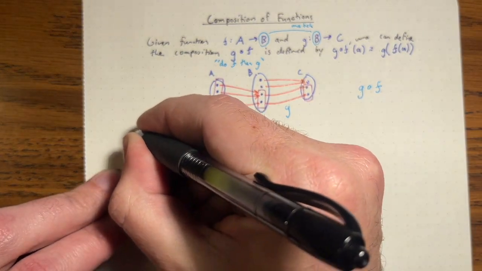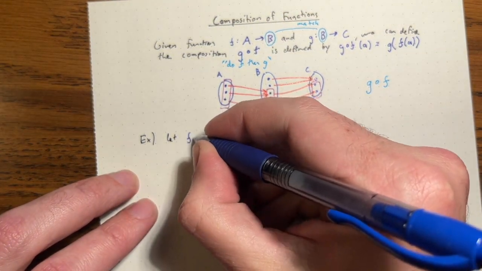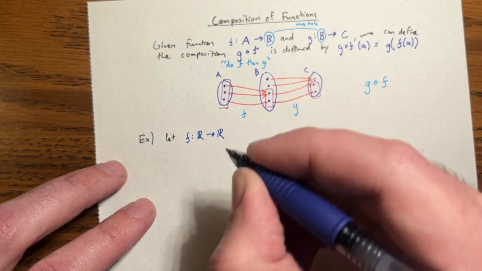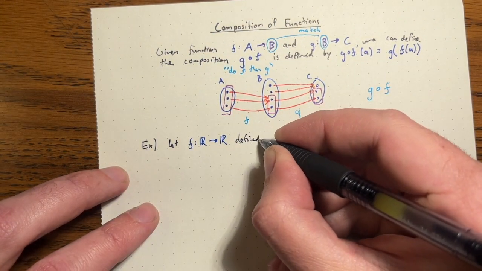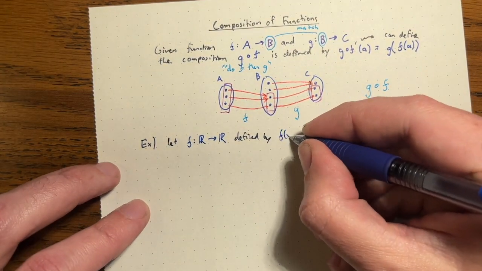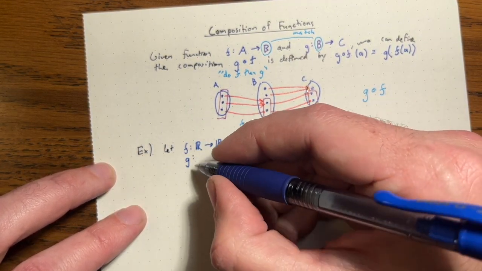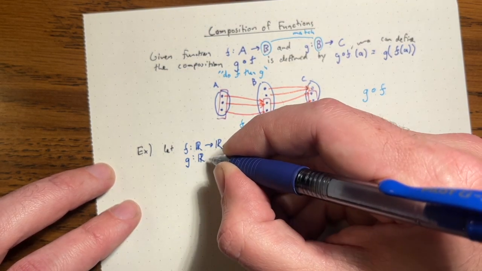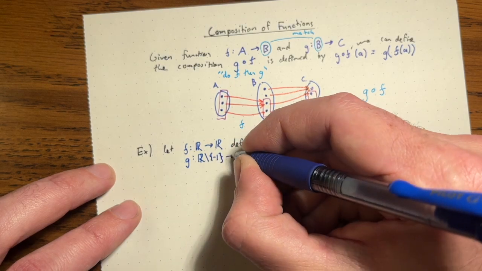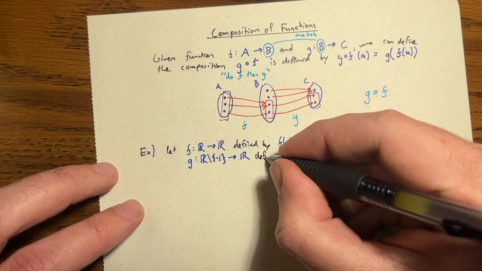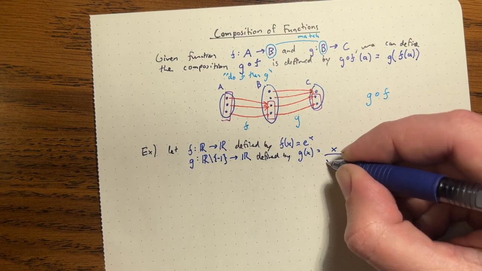Okay. Let's do an example of the formula. Let f be a function from R to R, defined by f(x) = e^x. And g will be a function from R without -1 to R, defined by g(x) = x over x plus 1.